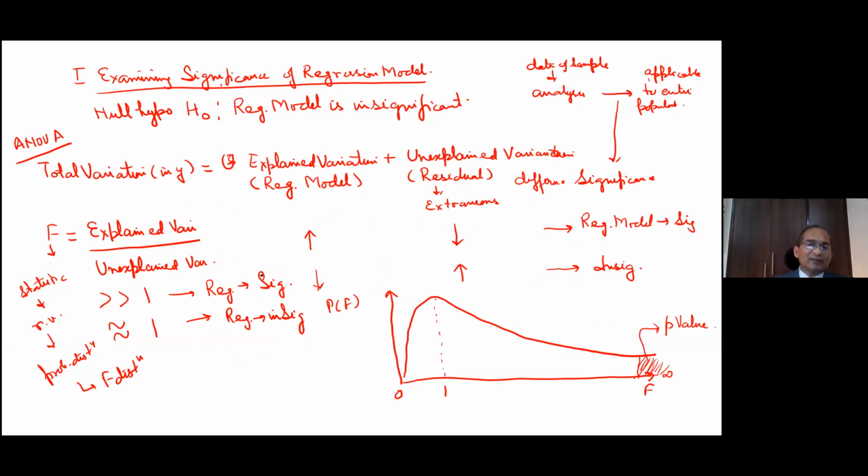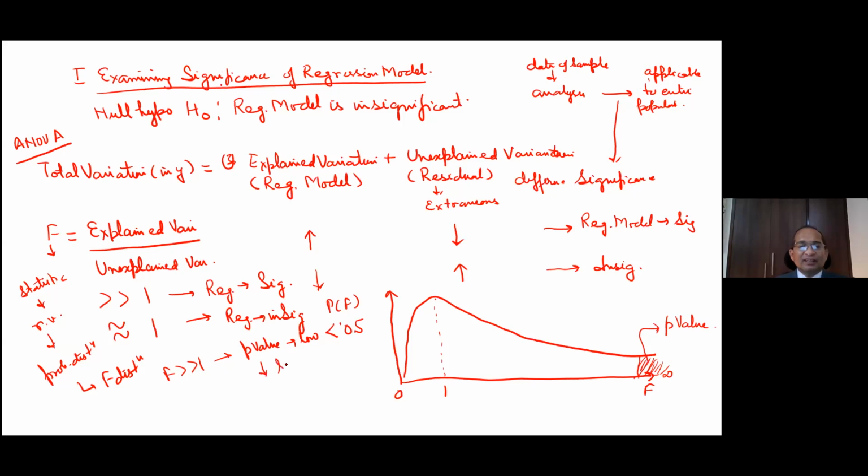So obviously, if value of F is much higher as compared to 1, value of F is very high, then this area would be low, and accordingly our p-value would be low. And suppose this p-value is less than 0.05, right?